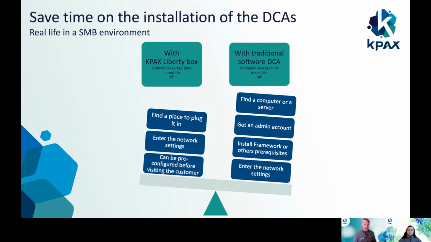You just need to find where to plug it in, while in the case of the software agent, you need to access the workstation in administrator mode. You sometimes need to install the prerequisites, while the Liberty just needs a network and a power supply.